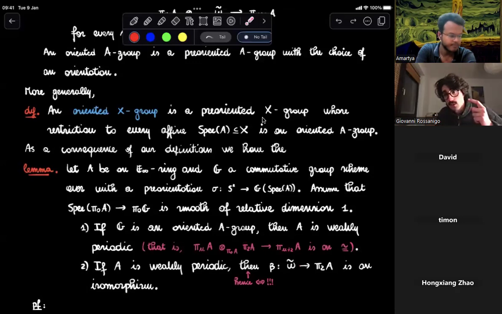So a posteriori, we will not be able to construct orientations if the ring spectrum A is not weakly periodic.